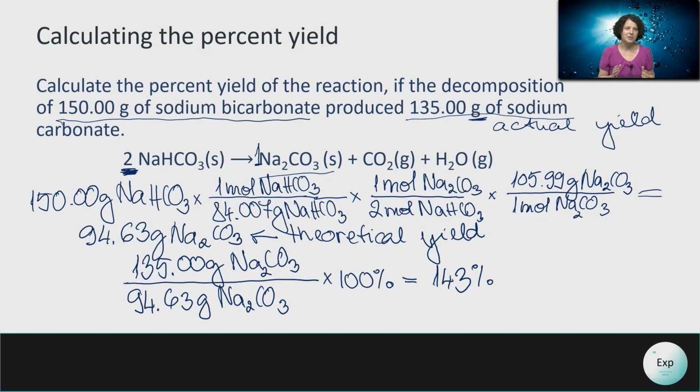Most likely it is because the heating hasn't been completed and the decomposition is only partially done. So that means that in the 135 grams of sodium carbonate, we don't actually have sodium carbonate, but rather a mixture of sodium carbonate product and sodium bicarbonate that is yet to decompose.